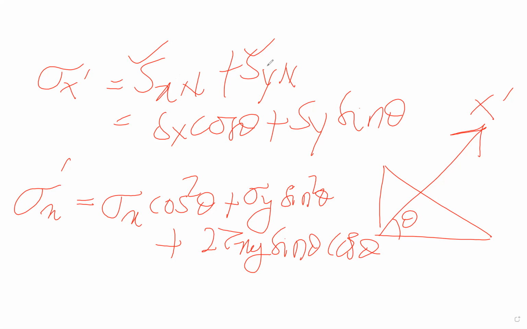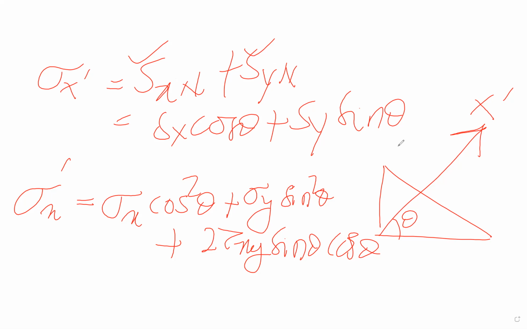Just before, I am deriving the equations for Sx and Sy. Sx has the value of sigma x cos theta plus tau xy sin theta. Similarly, Sy is sigma y sin theta plus tau xy cos theta.